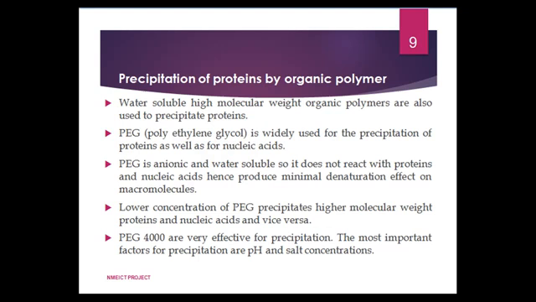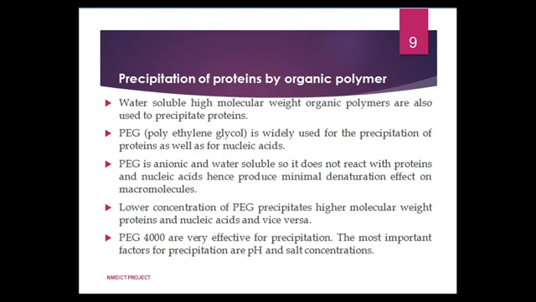PEG is non-ionic and water-soluble, so it does not react with proteins and nucleic acids, hence producing minimal denaturation effect on macromolecules. Lower concentration of PEG precipitates high molecular weight proteins and vice versa.